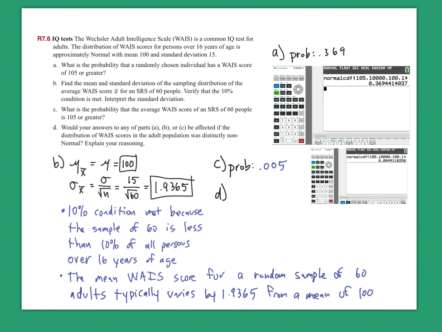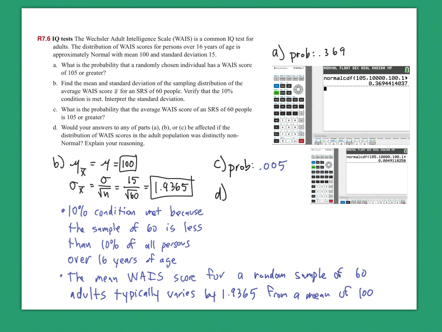So that wouldn't change, even if the population wasn't normal, since the 10% condition is met and the sample size is big enough. So the standard deviation would stay the same, and the mean would stay the same.